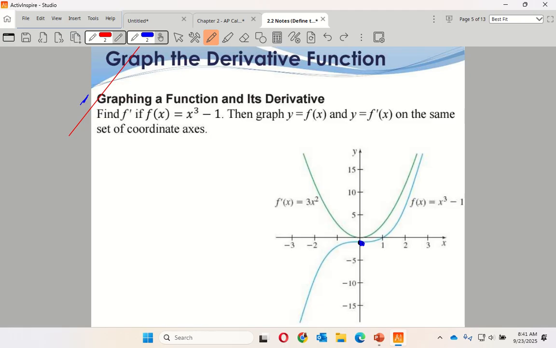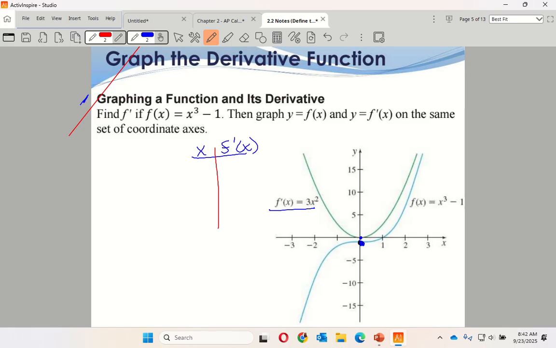So I know that this is a graph of the derivative, which means it's going to be 0 when x is 0. So my coordinate is going to look like this. Okay, so this is x, and this is f prime of x.